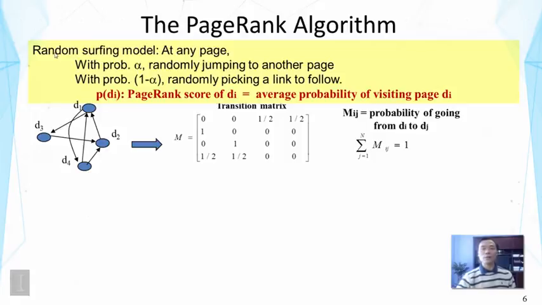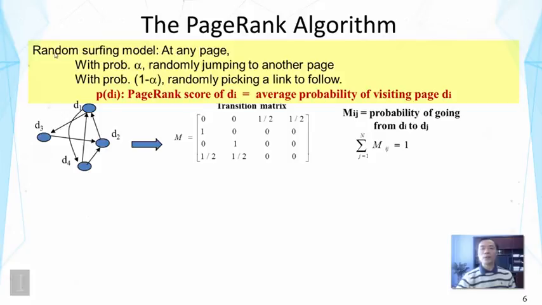This is because if you look at the graph, D1 is pointing to D3 and D4. There's no link from D1 to D1 itself or D2. So we've got zeros for the first 2 columns and 0.5 for D3 and D4.